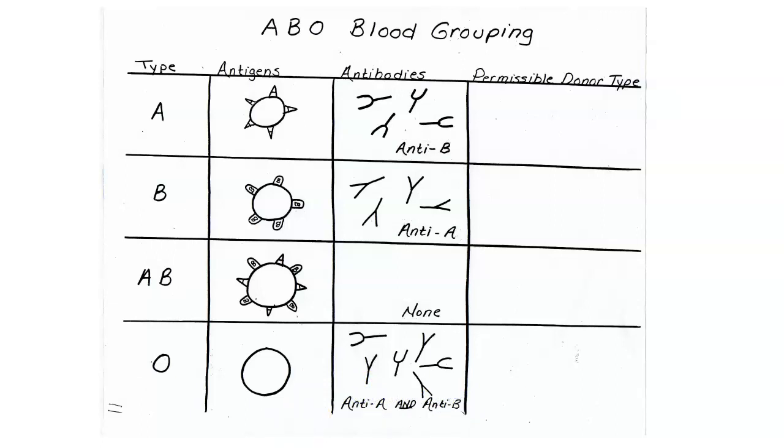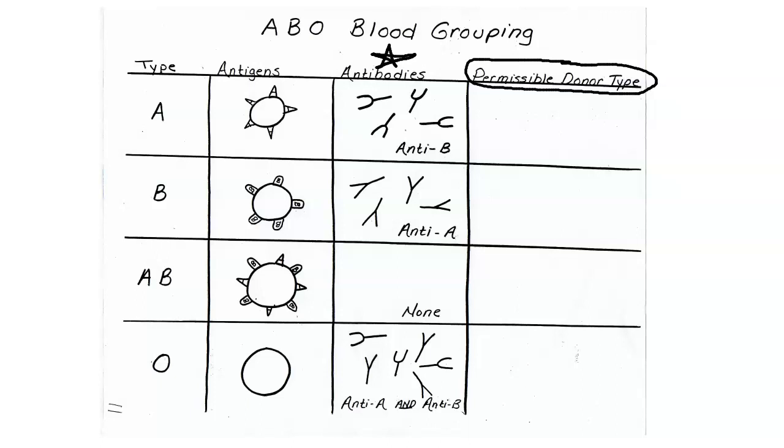If we're trying to figure out what type of blood would be permissible to give a recipient, the most important thing to consider is the type of antibodies that person is producing. If the person is producing antibodies against a specific sugar, you can't give a blood product that contains that specific sugar or specific antigen.